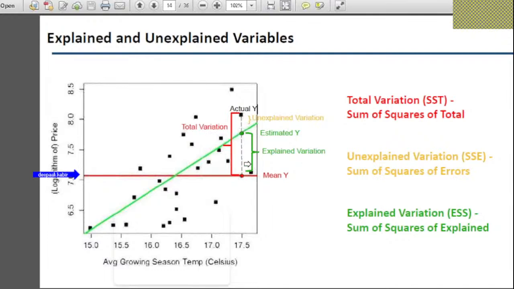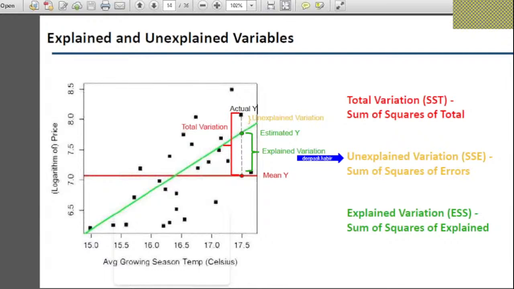You can easily see this green part is the explained variation that my regression line was able to capture. The variation my regression line was able to capture is called explained variation. Clear? And I am left with something that is called unexplained variation. Is this clear? Explained and unexplained?